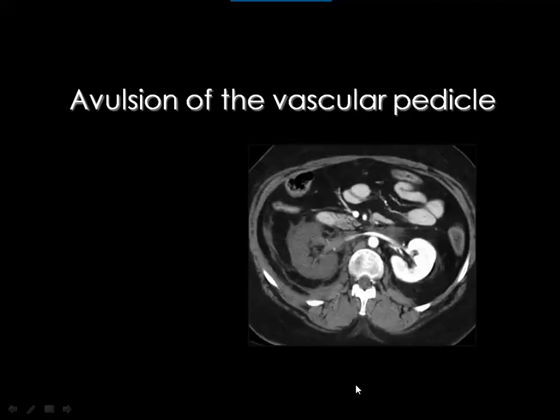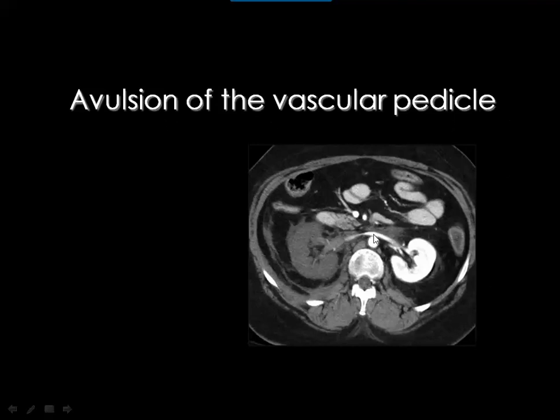Then whenever you have this picture, which is pathognomonic, after injection of contrast for a patient with blunt abdominal trauma, you see one kidney is enhancing and the other kidney is not enhancing, and this is diagnostic of avulsion of the renal vascular pedicle.